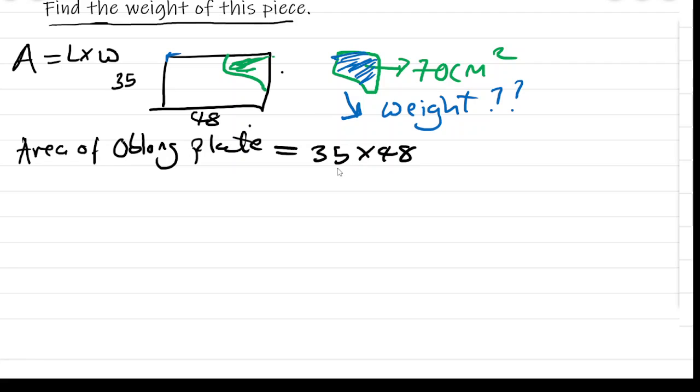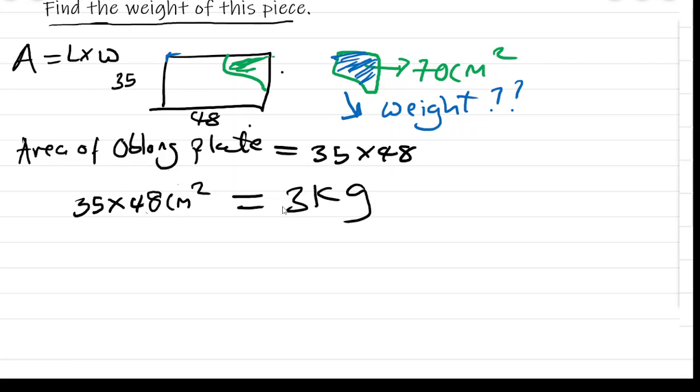So that is the area, but we are told that this area, 35 times 48 centimeter squared, is equal to 3 kilogram.